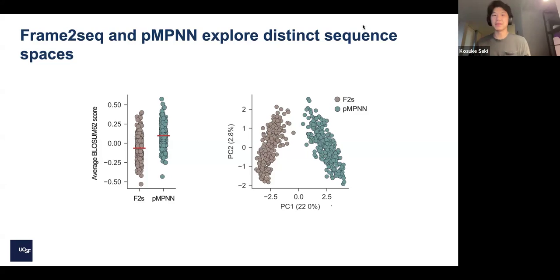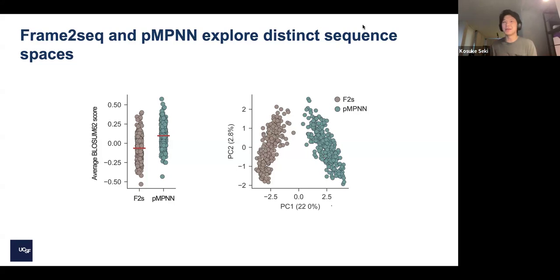Yeah, I think the big takeaway message is just that the models are different and they design different sequences. We did do a little bit of analysis in the paper of what exactly those differences were. And typically, the specific mutational preferences of each model are slightly different.